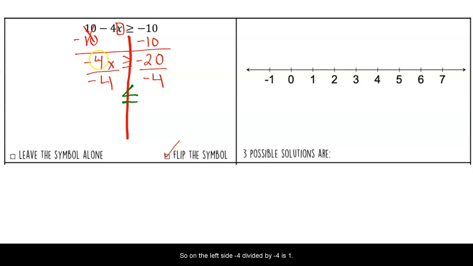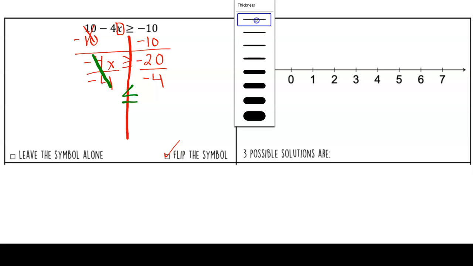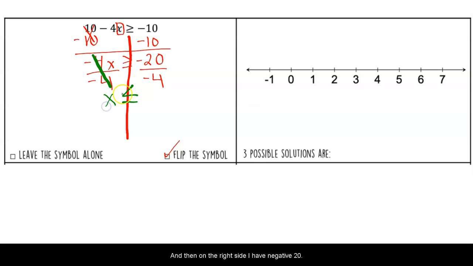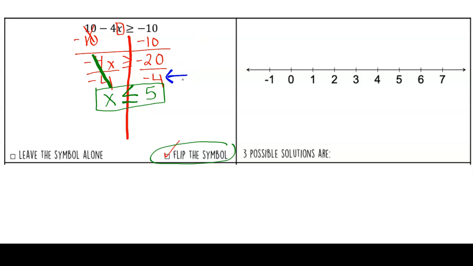On the left side, negative 4 divided by negative 4 is 1, so I'm just left with x. And on the right side, negative 20 divided by negative 4 is 5. So again, we flipped the symbol on this one, because I divided both sides by a negative.